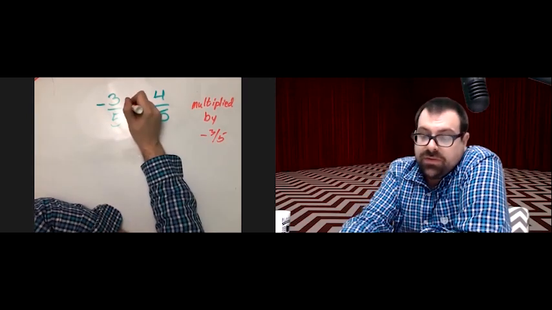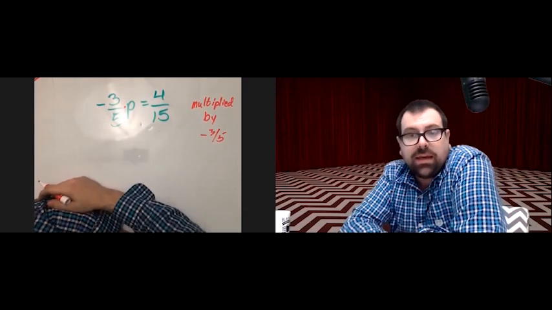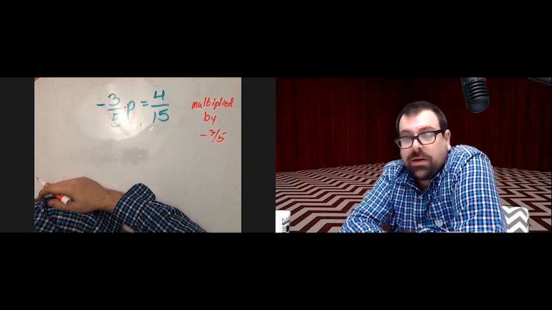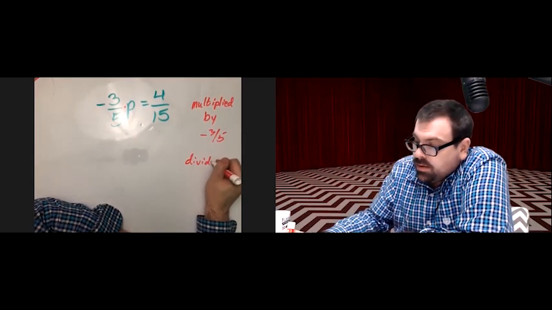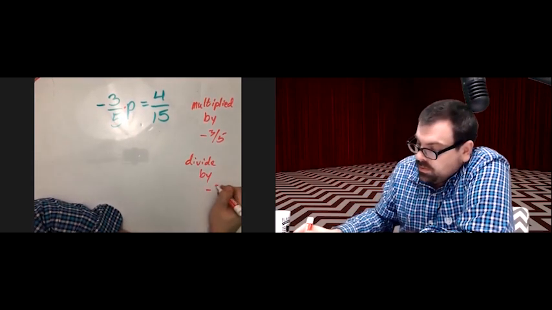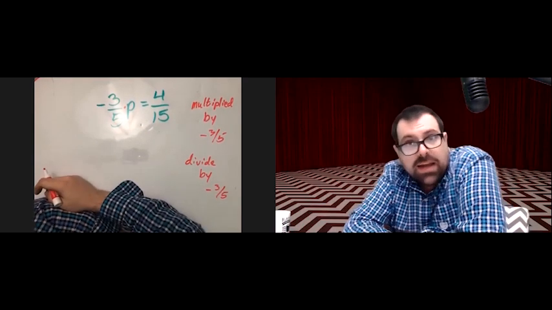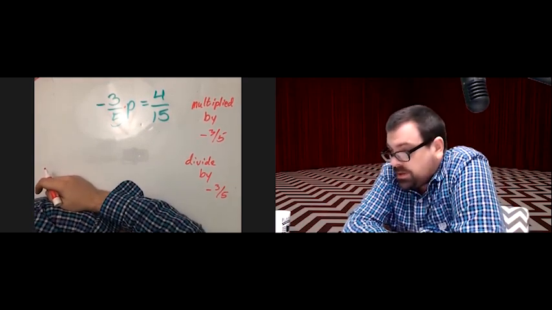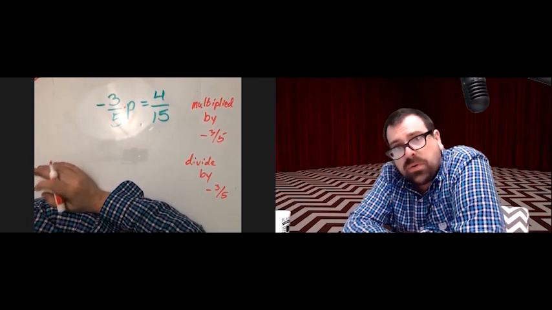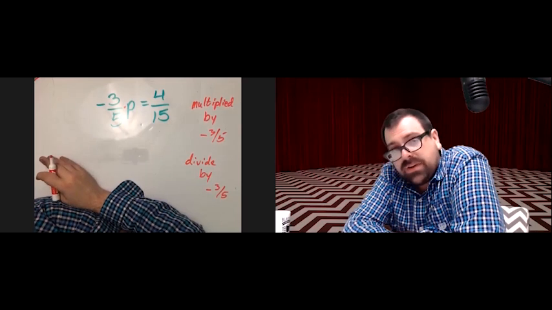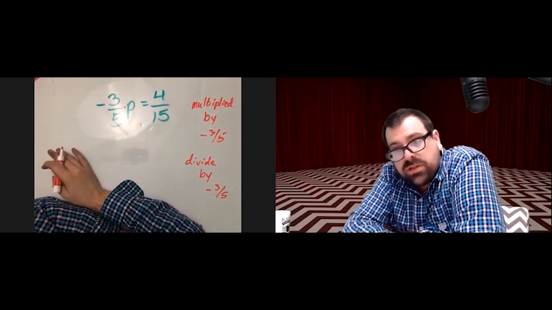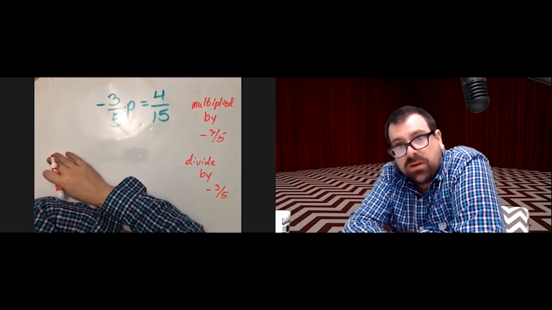This is -3/5 times p. So do the opposite would be divide by -3/5. So this is why it is important to know how to multiply, divide, add, and subtract fractions without using a calculator. Because if you know the rules, you will know the steps to solving.